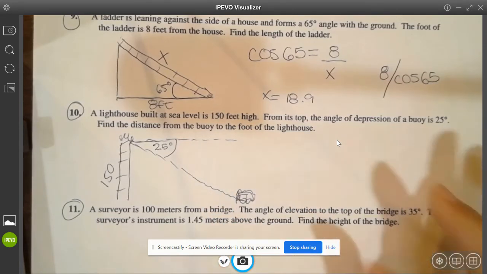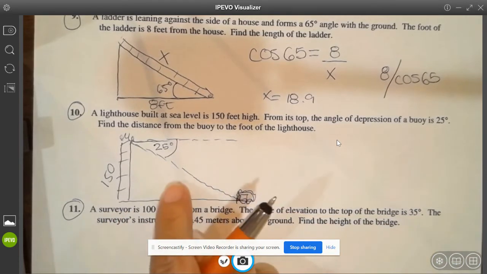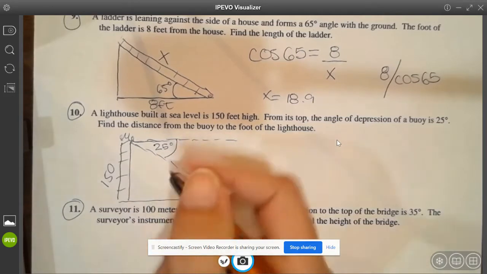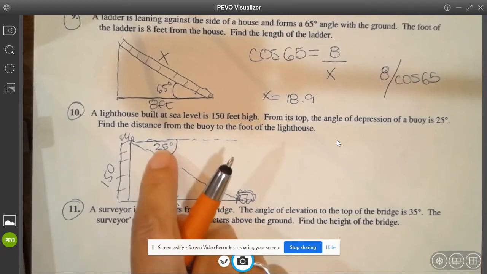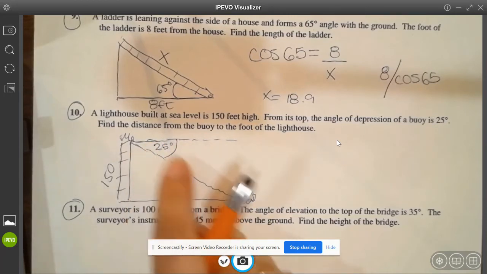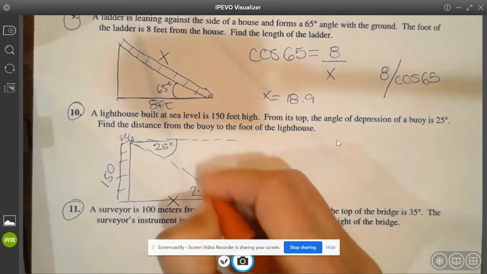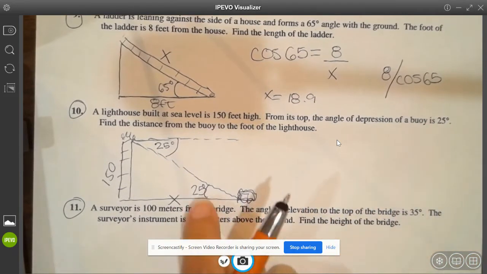What they want to know is the distance from the buoy to the lighthouse, which is this distance right here. Then if this is 25, then this thing here is 25 because they're alternate interior angles. We learned that at the beginning of our geometry course. So if this is 25, then this is 25.